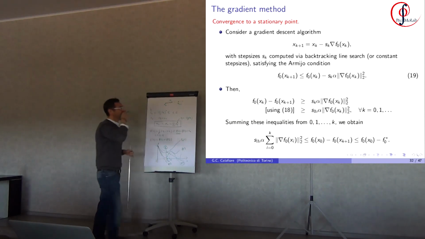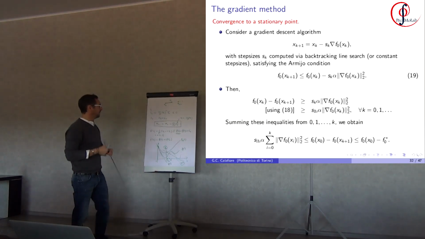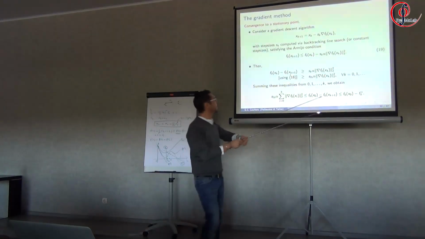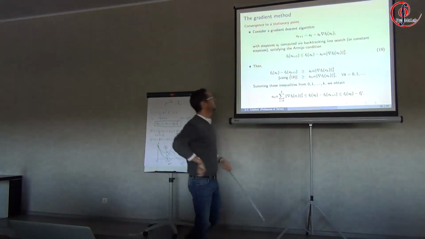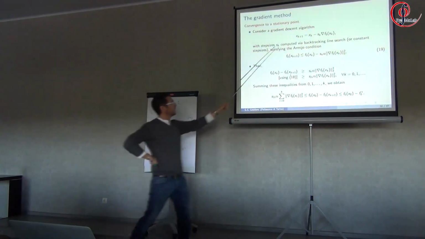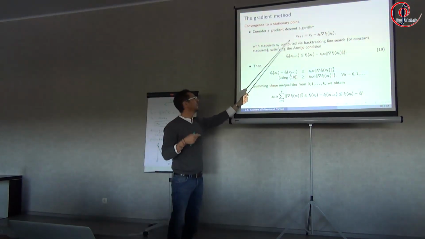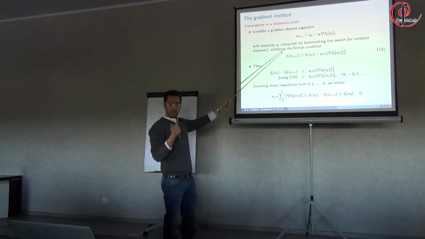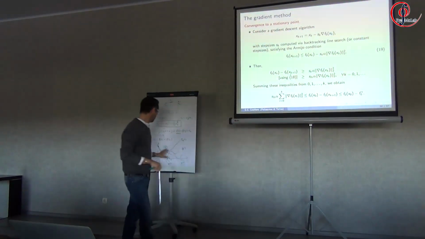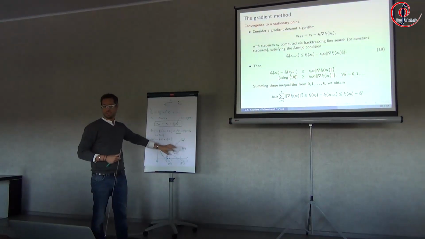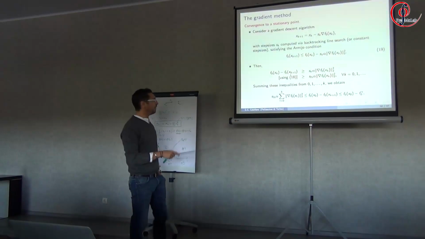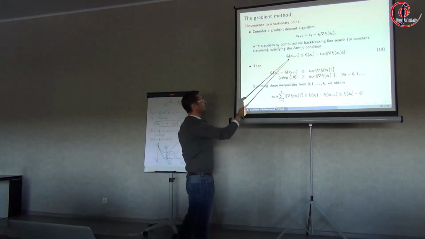So if you put Vk equal to minus the gradient here, this becomes the iteration, and we assume that we are running these iterations in such a way that at each step we compute the step size according to this Armijo backtracking technique. Therefore, we have this.